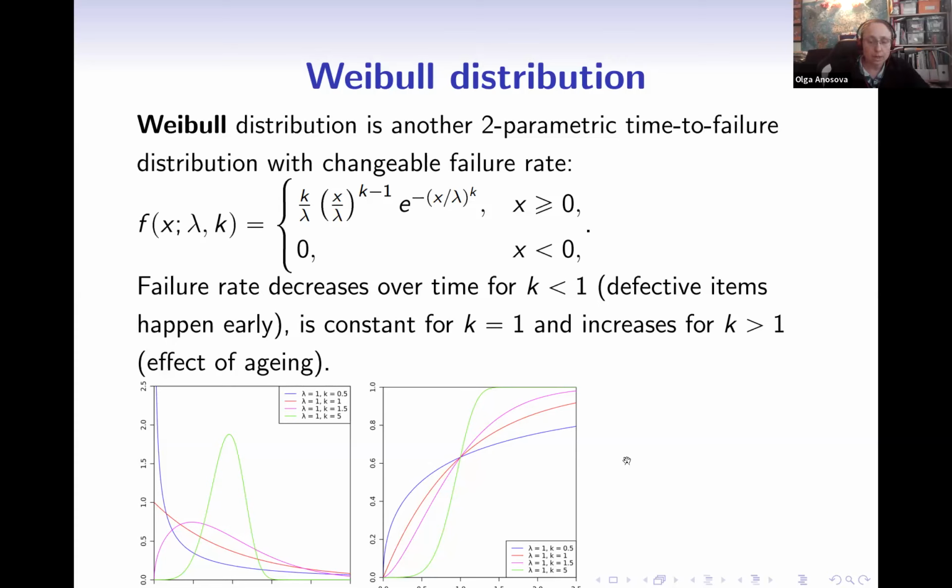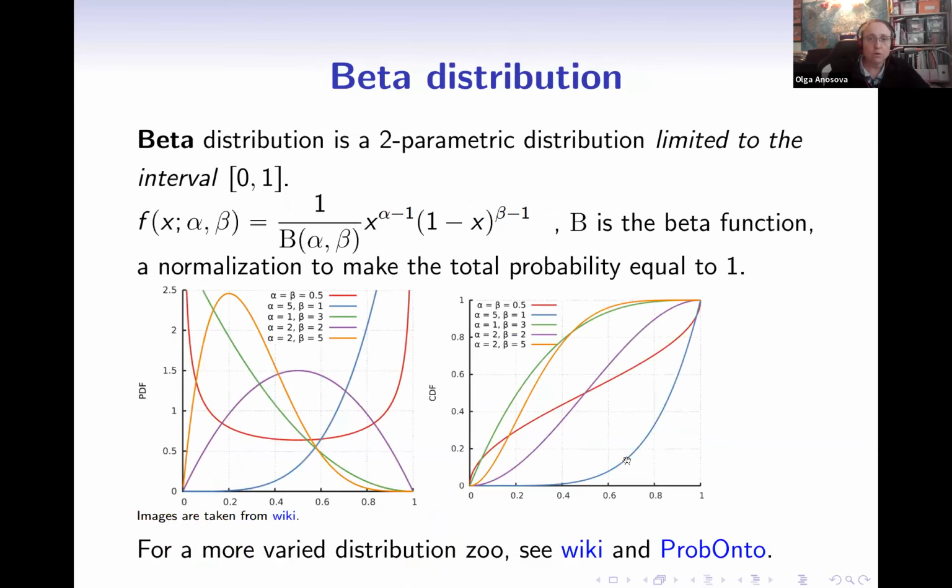And another one, the last one in my list for today, is the so-called beta distribution. That one is particularly interesting because it is limited. Previously, the uniform continuous distribution was limited, right? It was on some kind of interval, but then the exponential distribution and many other common distributions are not.